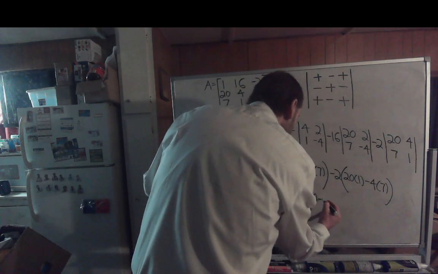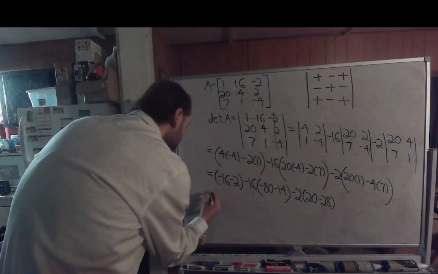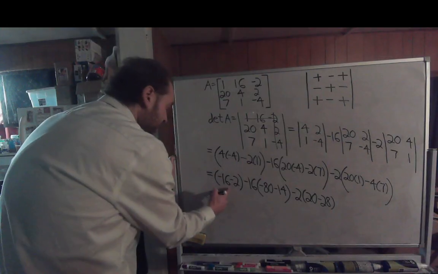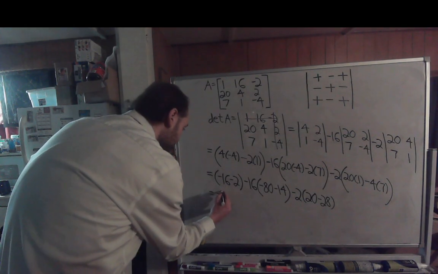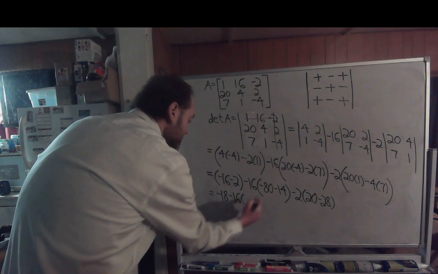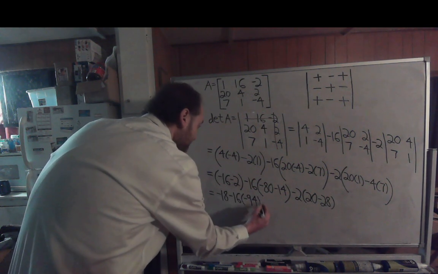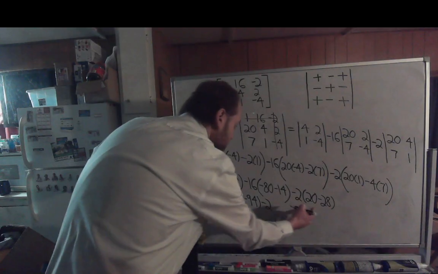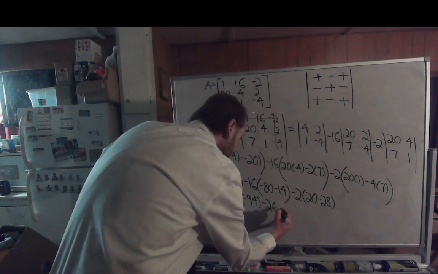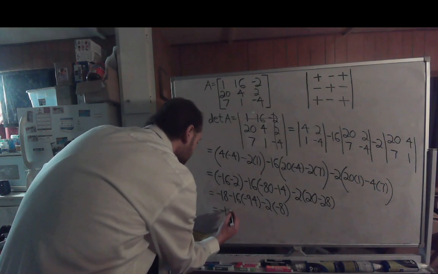Minus 4 times 7, that's minus 28. So let's see. Negative 16 minus 2 is negative 18. Minus 16 times negative 80 minus 14, that's negative 94. Minus 2 times 20 minus 28 is negative 8, which would give you negative 18.